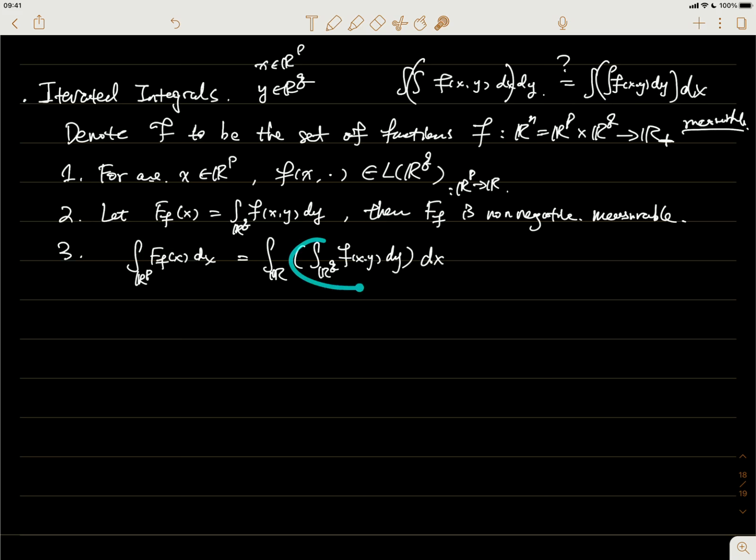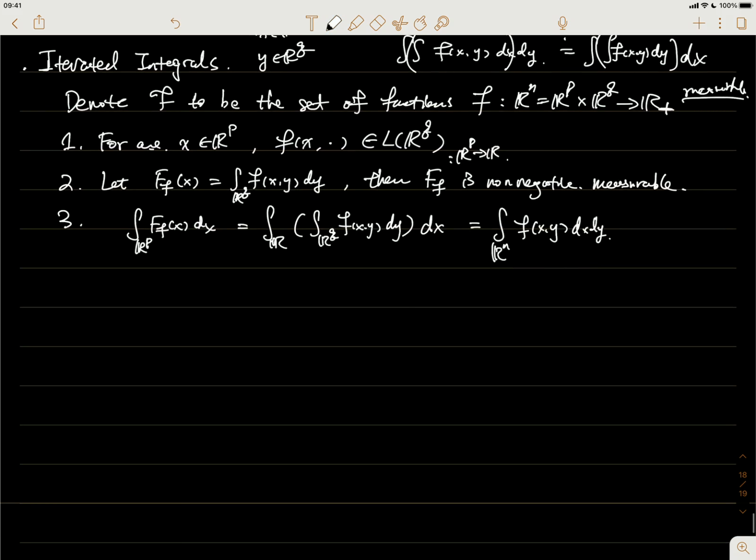This equality is just by definition of the capital F. But what I really want is that the integral of this capital F is equal to the integral of the lowercase f over the whole space. So these are the three conditions for f to be in this set. I just defined this.